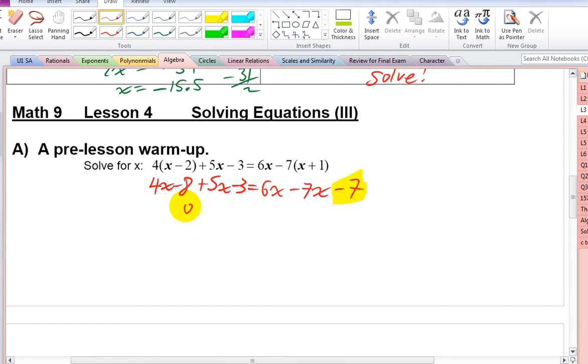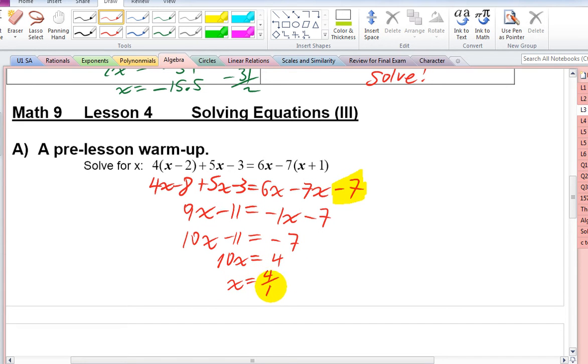Then we get 9x minus 11 equals negative x, or 1x minus 7. So we have 10x minus 11 equals negative 7. 10x equals 4. So x equals 4 over 10. Lowest terms, 2/5. Don't go to a decimal for that. We're okay with fractions. Most of your answers in the textbook are all going to be cooked up. Sometimes I can't cook them up good in my notes, okay?